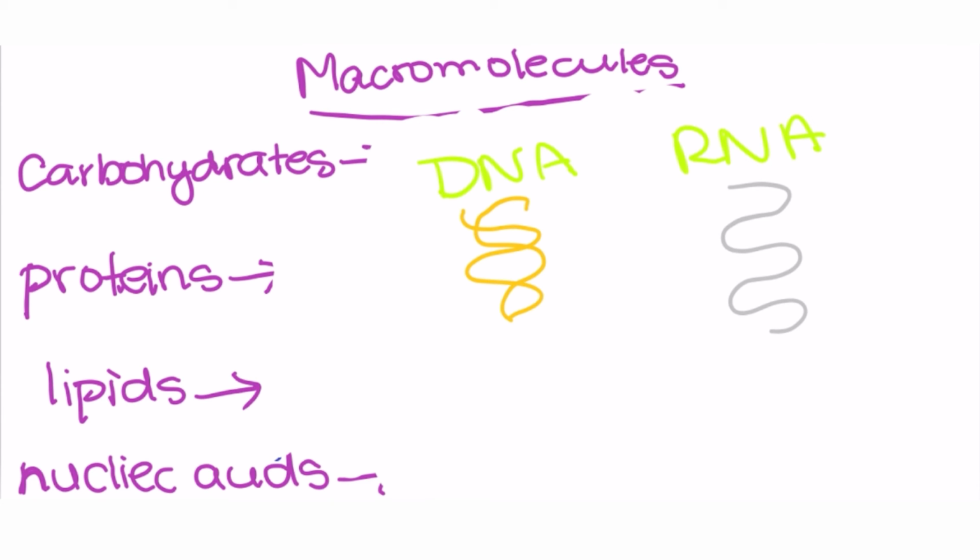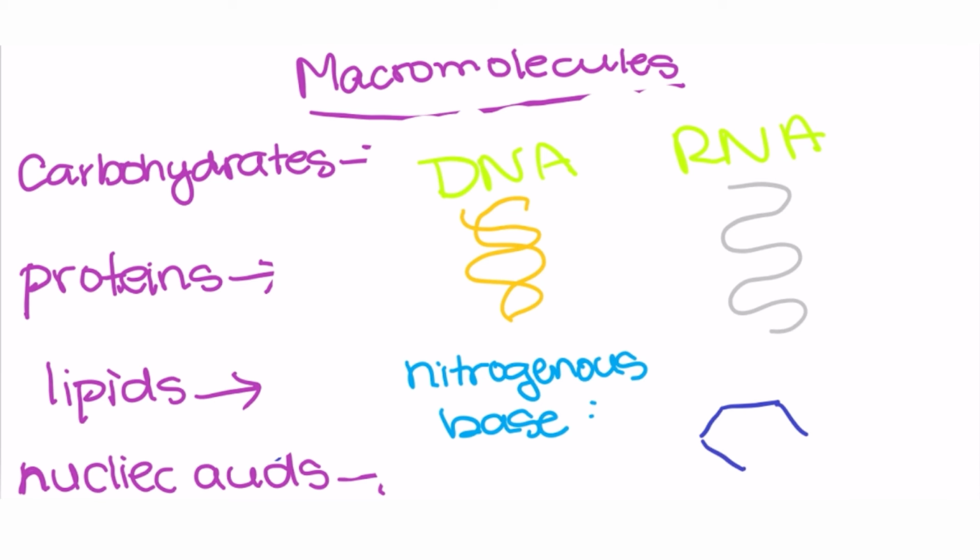Okay? So DNA and RNA, their monomer is called a nitrogenous base. So like proteins, nitrogenous bases have very similar structures. They have a 5-carbon sugar, and sugars are usually drawn and represented in a circle.